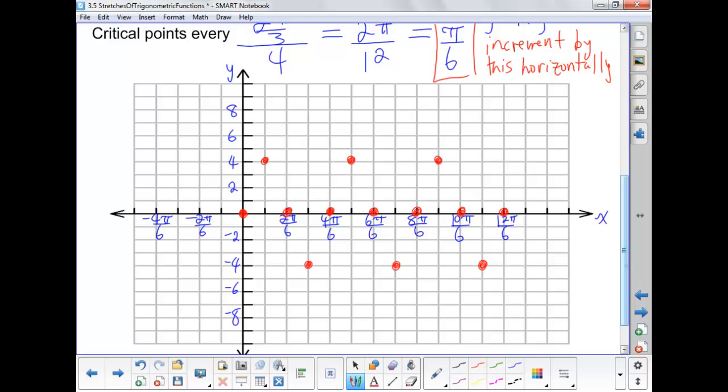I could also extend the graph backwards if I wished, although I'm not going to do that at this point in time. Then to actually graph this, we're just going to connect our critical points. So there would be 3 complete cycles. At this point, the graph is done, and we will be able to move on from there.